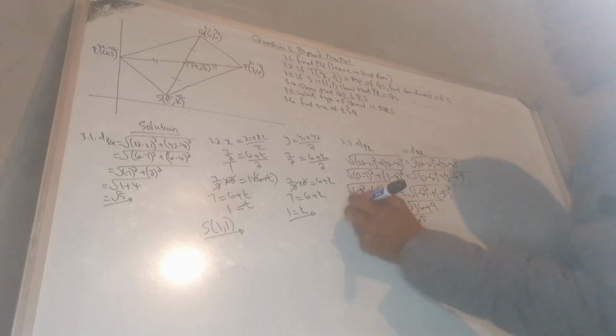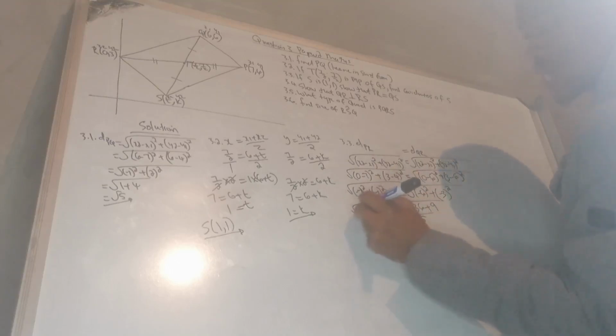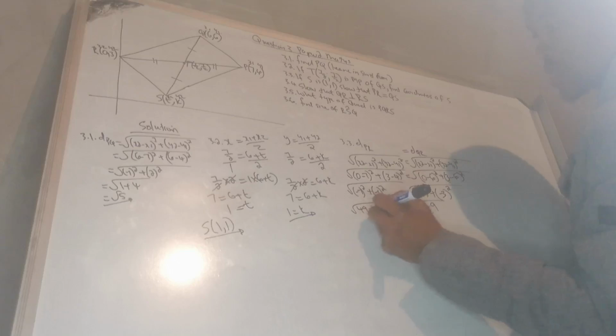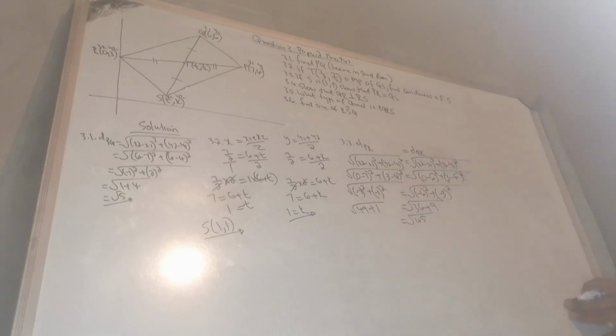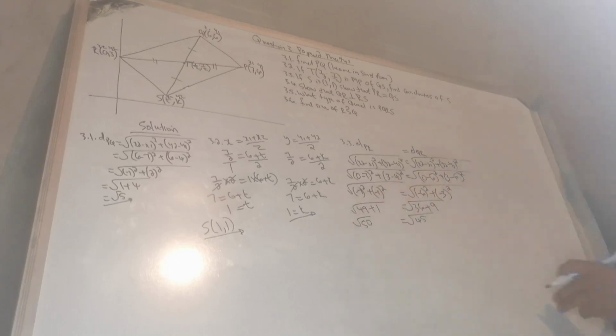And on this side, we have 7 squared, that is 49, plus 1, which is root 50.